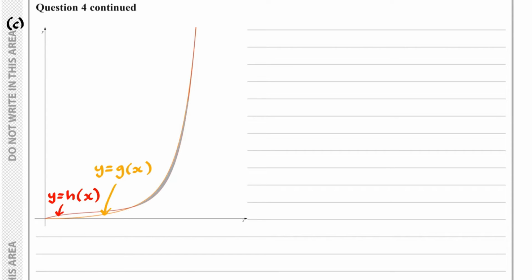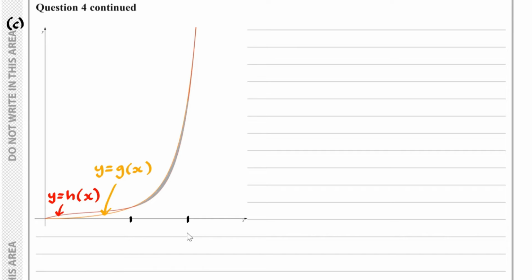Now, we've got one of those points of intersection over here, and we've got another one which is over here. Now, we've got 2/3 square rooted, and we've got 2 which is being square rooted. Now, square root 2 will obviously be bigger than the square root of 2/3.